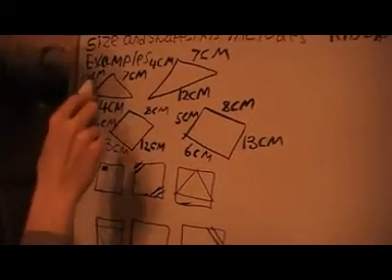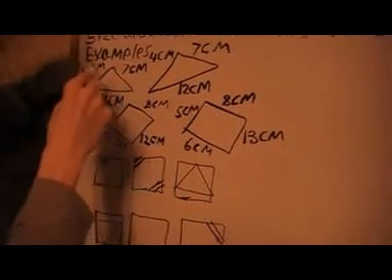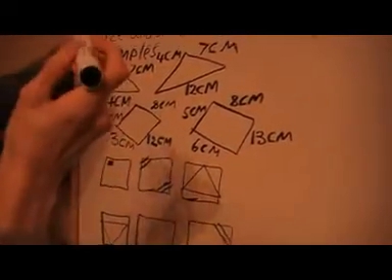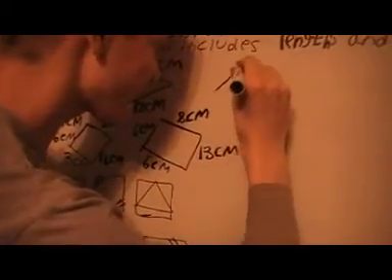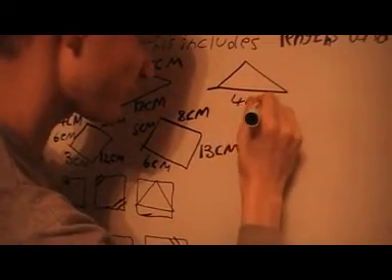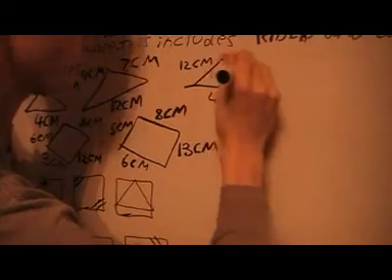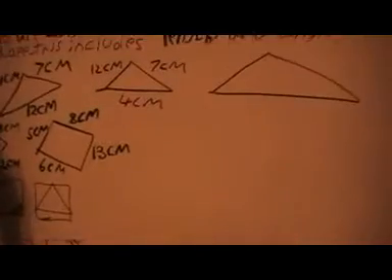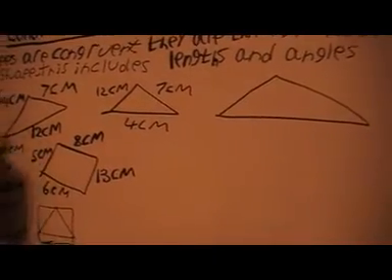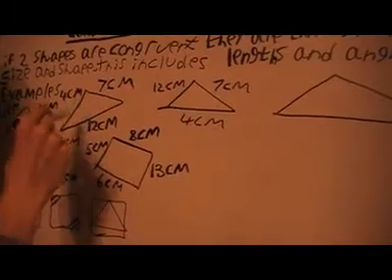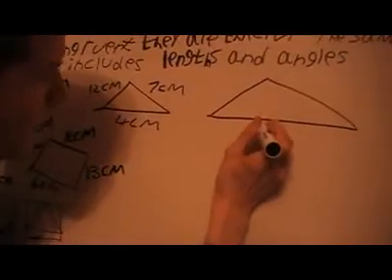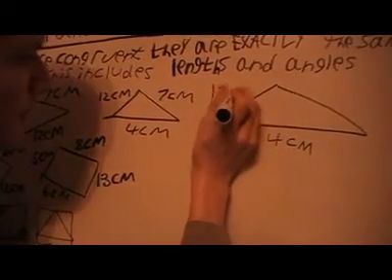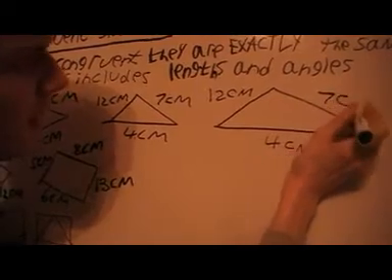Now at first you might notice that these don't look congruent because on this one I've got a 12 here and on this one I've got a 4 here, but what we can do is redraw the first one over here, and then notice if we rotate this one here, we'll have the 4 on the bottom and we can have the 12 over here and the 7 over here.